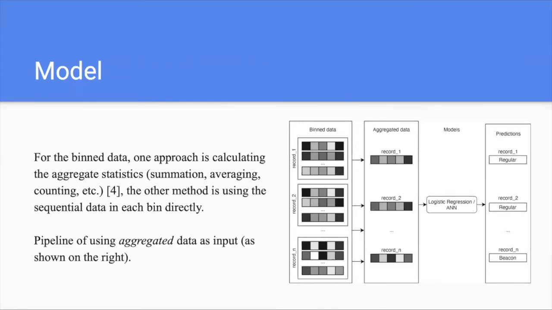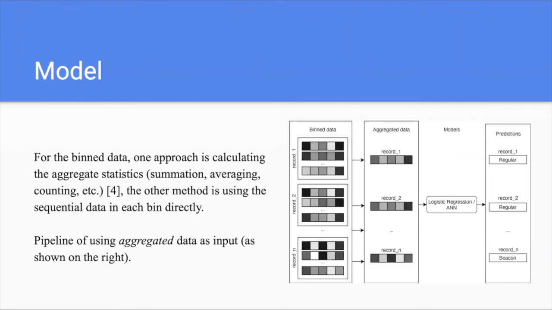After putting data into corresponding time bins, there are two ways of feeding data into models. One approach is calculating the aggregate statistics, such as summation, averaging, counting, and others. As shown in the figure on the right, we calculate the aggregated statistics for each bin, which means one bin will correspond to one record of aggregated data.